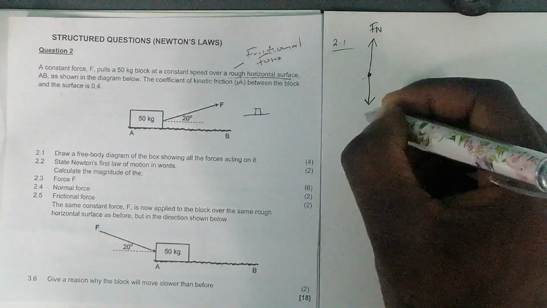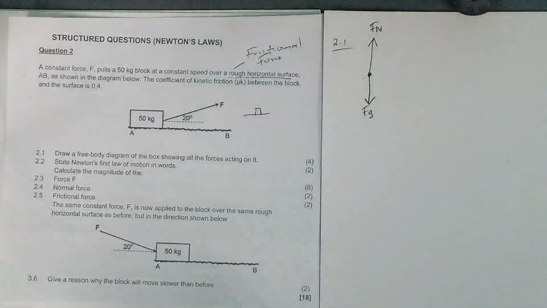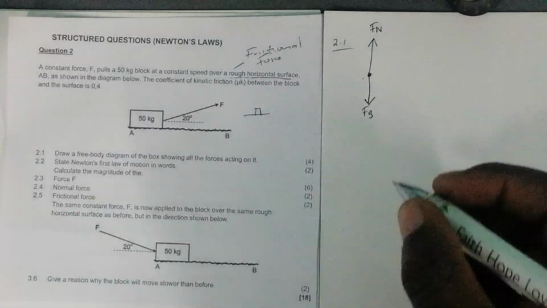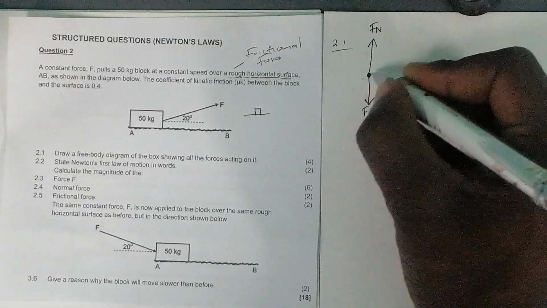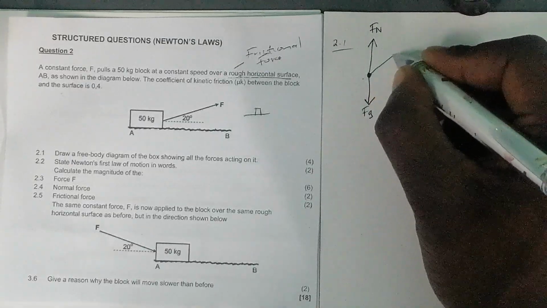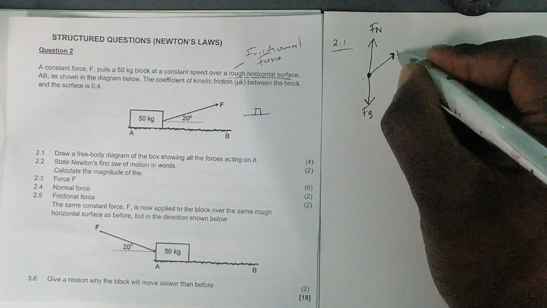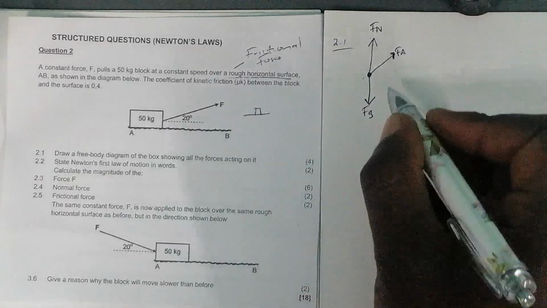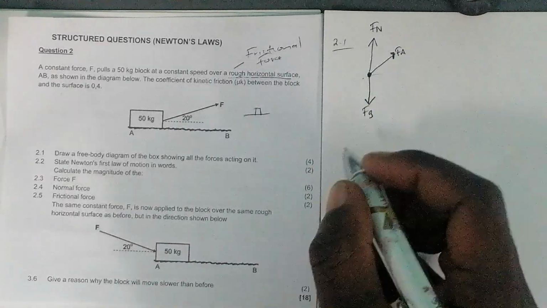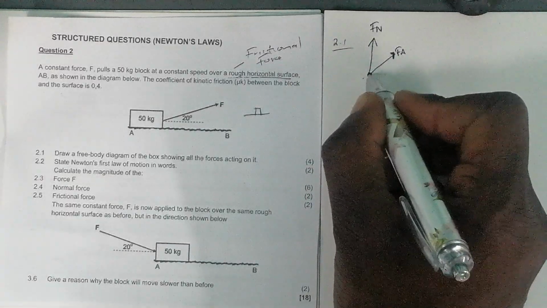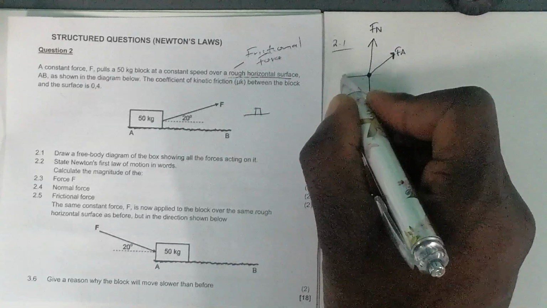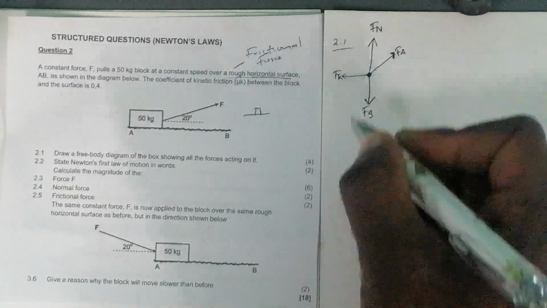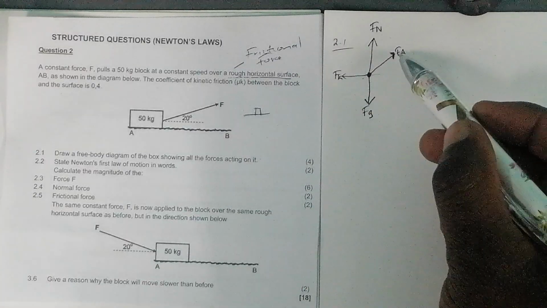If you don't understand that, make sure that you go to our lesson where we explain all the forces in Newton's second law. So you show F, or Fa, as it is shown on the diagram, but you do not show the angle. Now we have Fk opposing the motion. They said 4 marks, therefore we can get those 4 marks.